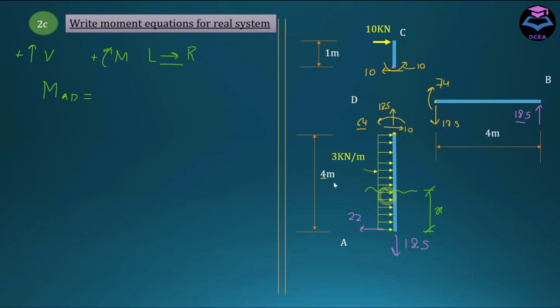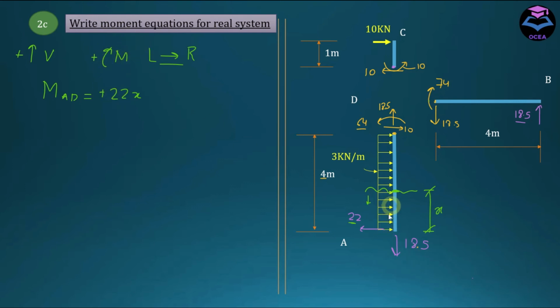To write the equation of M_AD, we just stand on the section, look at the left hand side, and take the algebraic sum of all the moments. There are two forces creating moment. This 22 has a perpendicular arm of x with respect to this section. So this is equal to 22 into x, and this is positive since clockwise moment is positive.